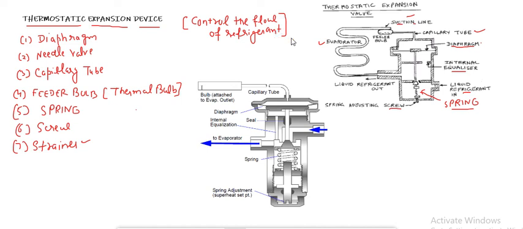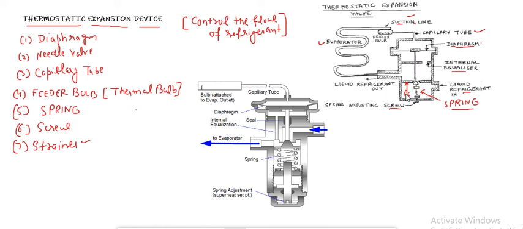Now if we talk about the working of it, in this we have two pressures. Initially inside the bulb, and this is the evaporator, so we are going to have the pressure of the evaporator, which will be working from the bottom.